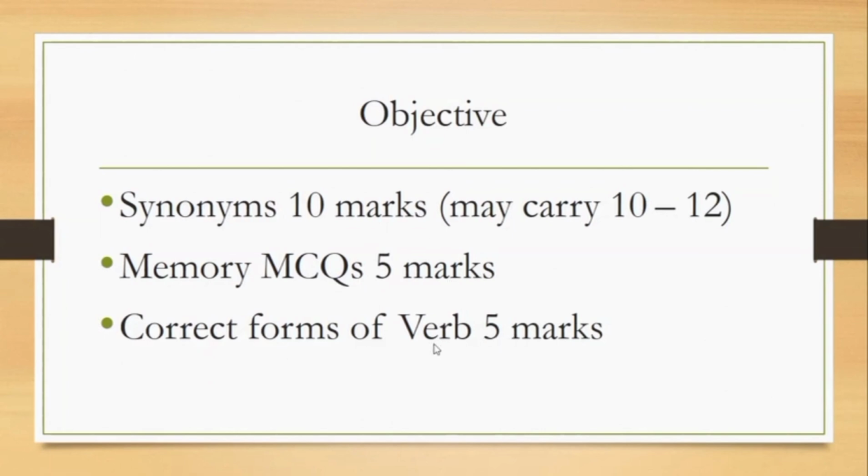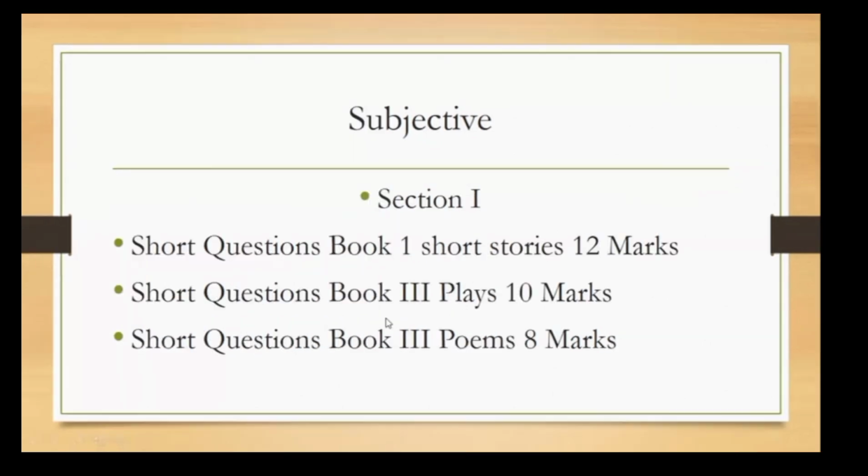This is the objective portion. Then in the subjective section, the paper is divided into two sections. There are short questions in the first section, from the short stories, book one, where you have to attempt 6 questions, which carry 12 marks.